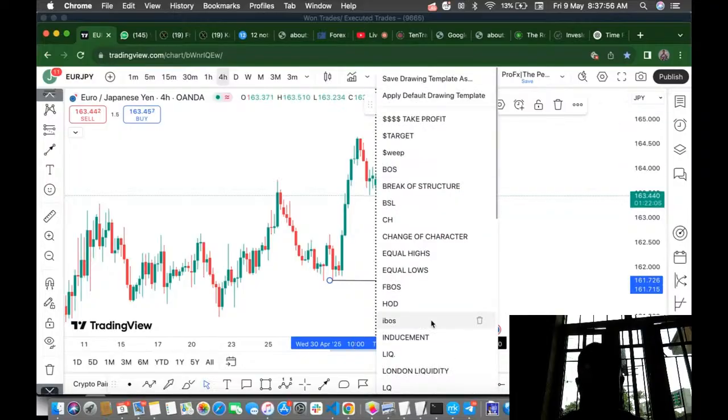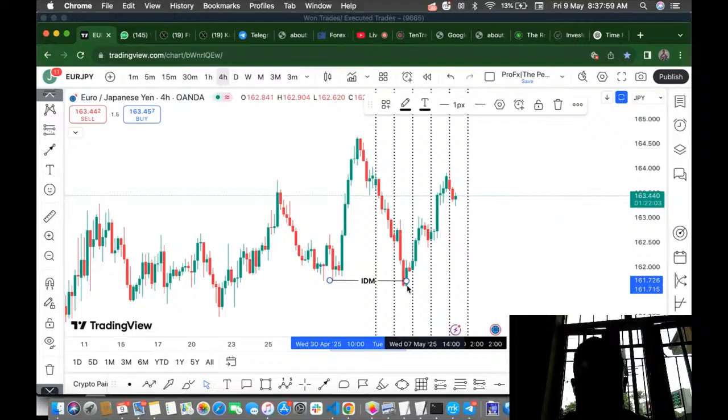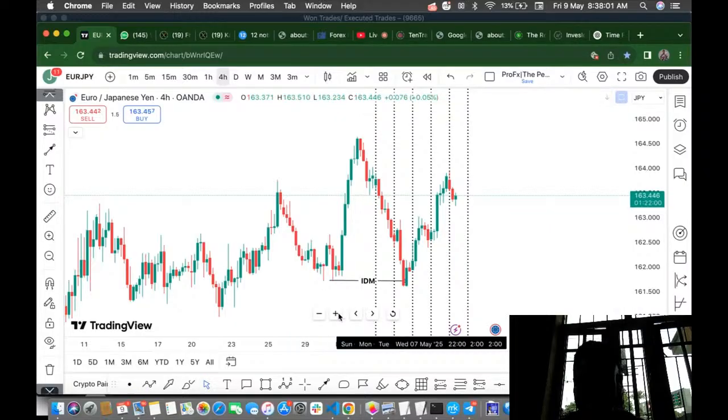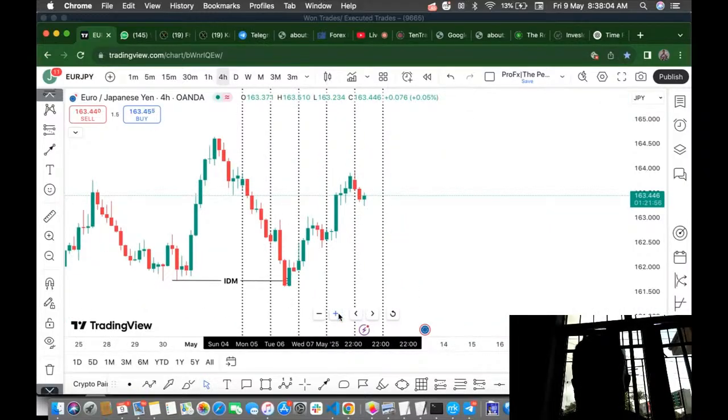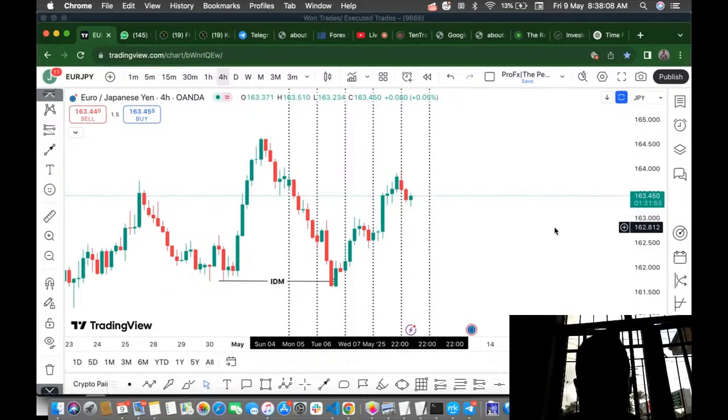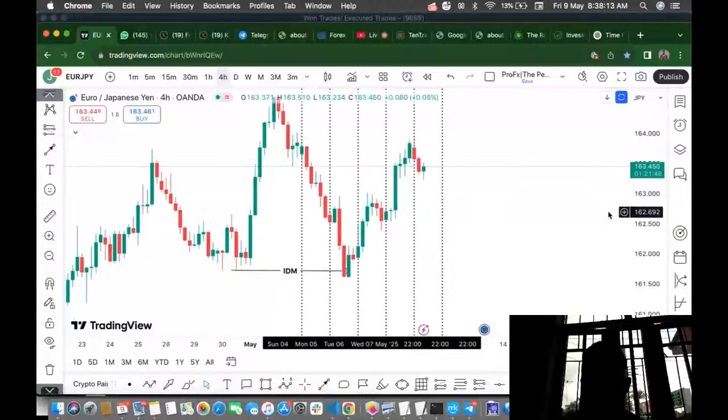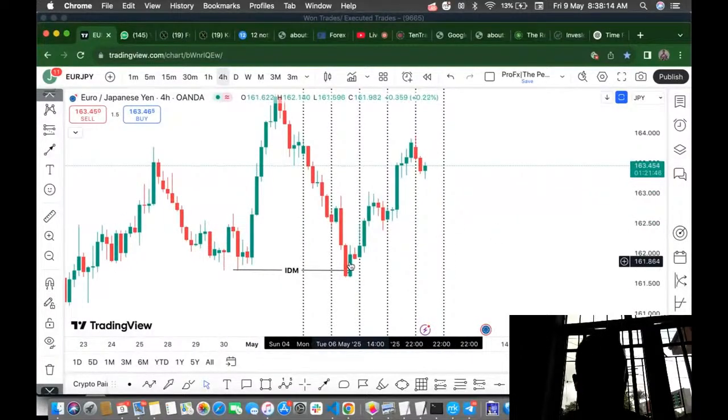So what happened there was we induced, and it was so clear that this guy would buy. If you are using your candlestick after IDM, this candlestick is the IDM, with the candlestick immediately after.